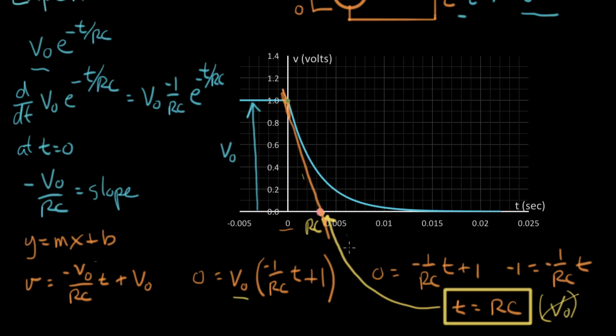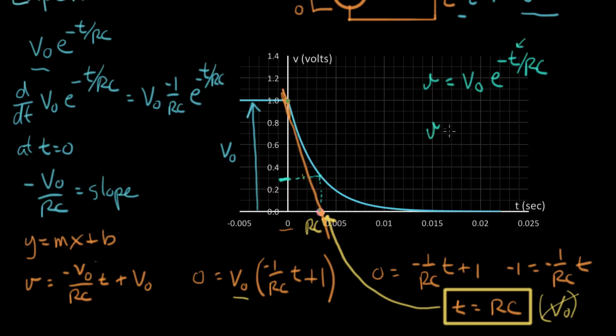One more thing we want to work out is at time equals RC, what is the value of the exponential? What is this voltage here when time equals RC? We can use our equation again. V equals V naught e to the minus t over RC, and this time we plug in RC for t.